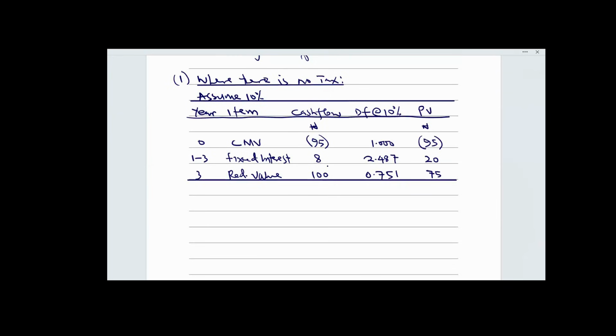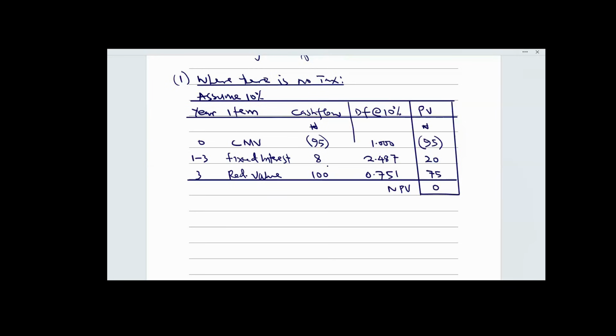So in this case, when you add up the positive present value, 75 plus 20 will give us 95. 95 minus 95 will give us 0. Therefore, our NPV is equal to 0.